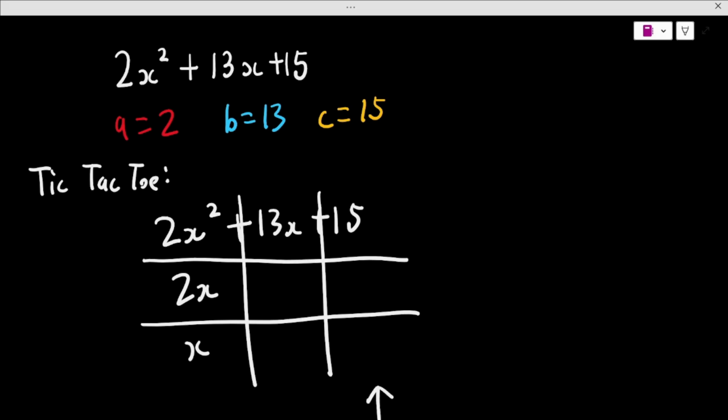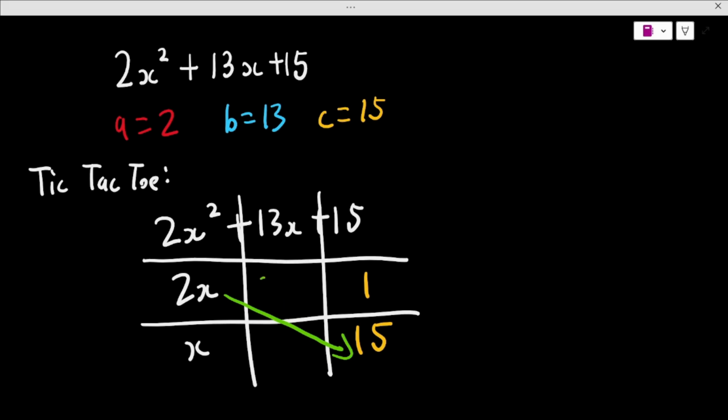In this column, we are going to be filling it up with factors of 15. Any factor of 15. Let's say maybe 1 and 15. They multiply together to give us 15. Now what we're going to do is take this and multiply it over. This gives us, and fill it up over here.